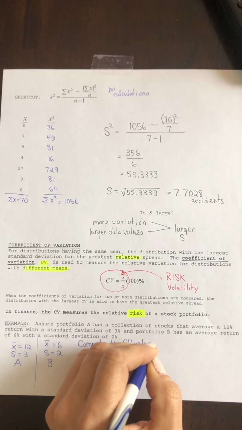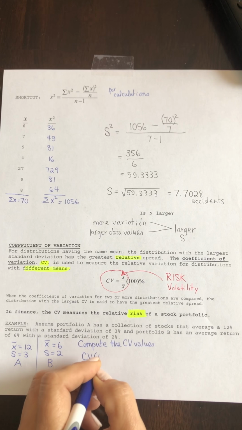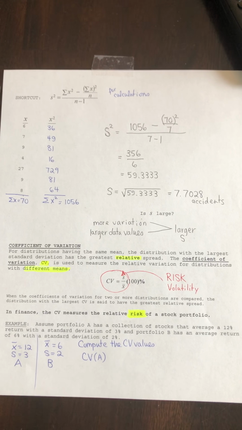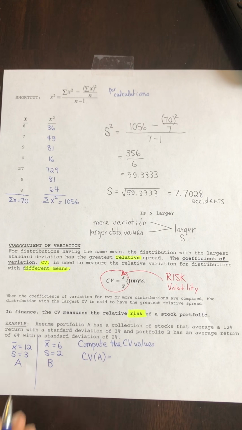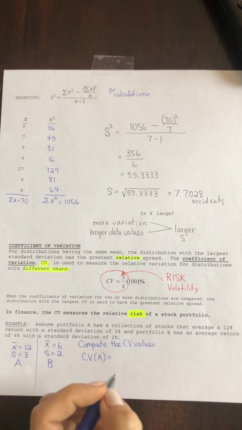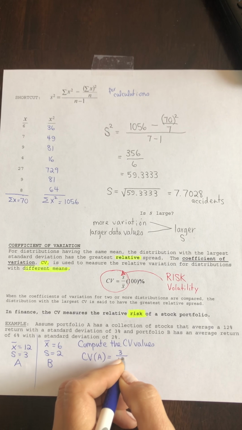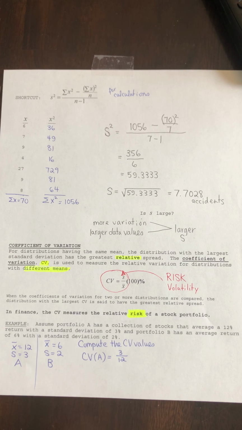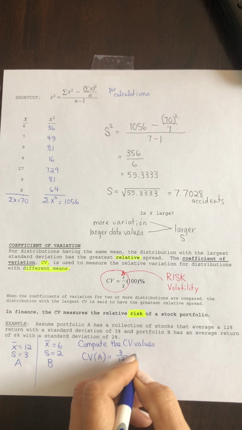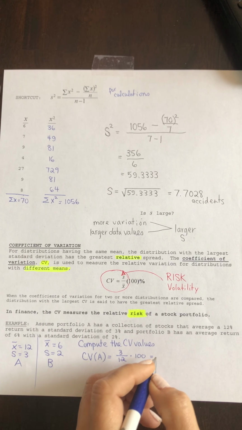I'm going to compute the CV for A. I take the standard deviation of 3 and divide by 12, and remember you're going to multiply by 100 so that you can get a percent. That gives us 25%.